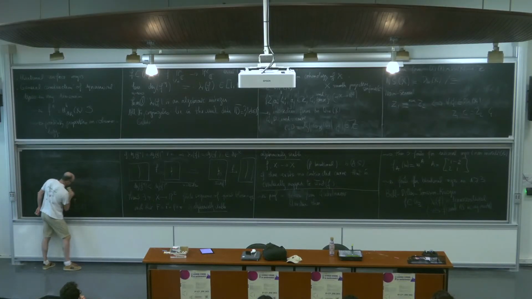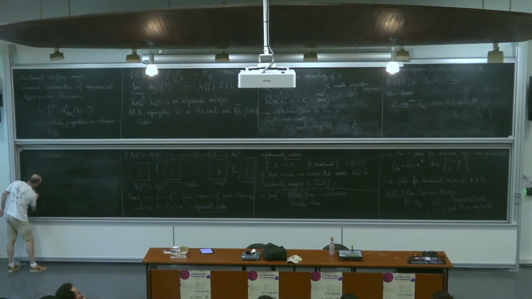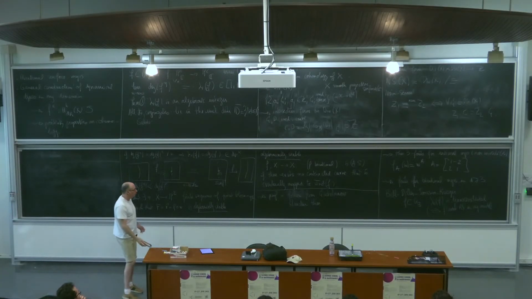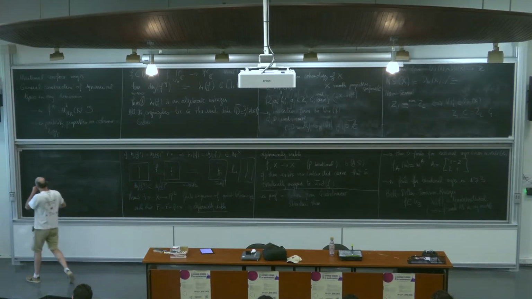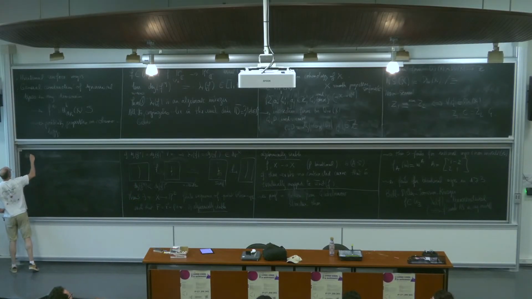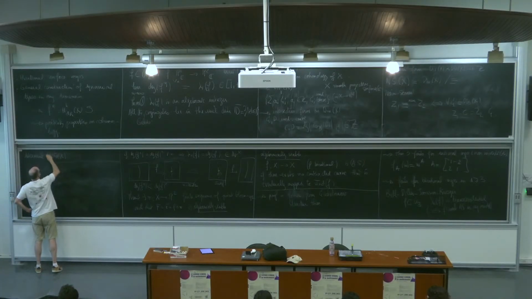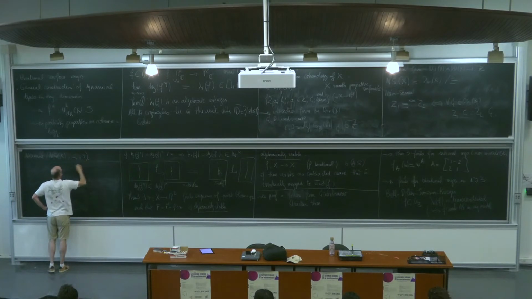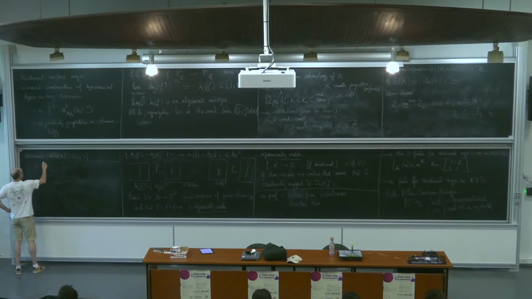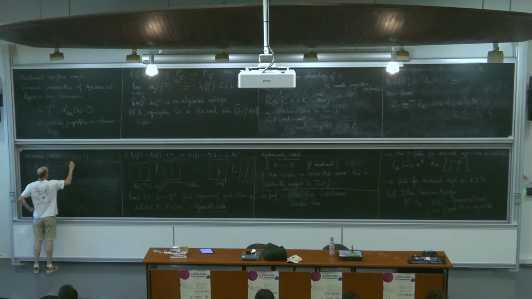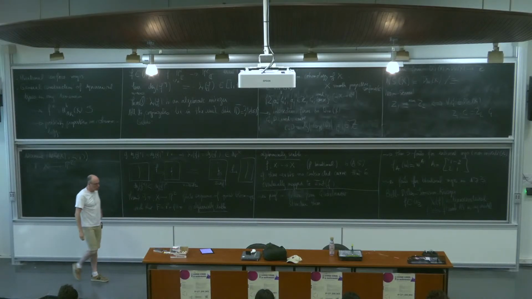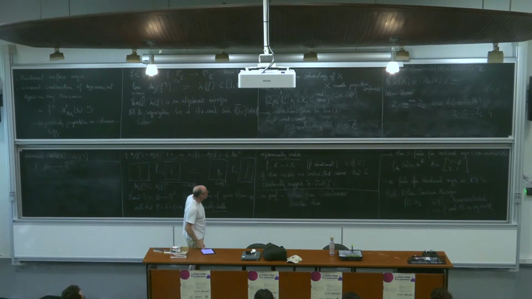Again, probably Jeremy already did that, but what I want to do is determine the Néron-Severi space of X when X is obtained by blowing up P2 at finitely many points.